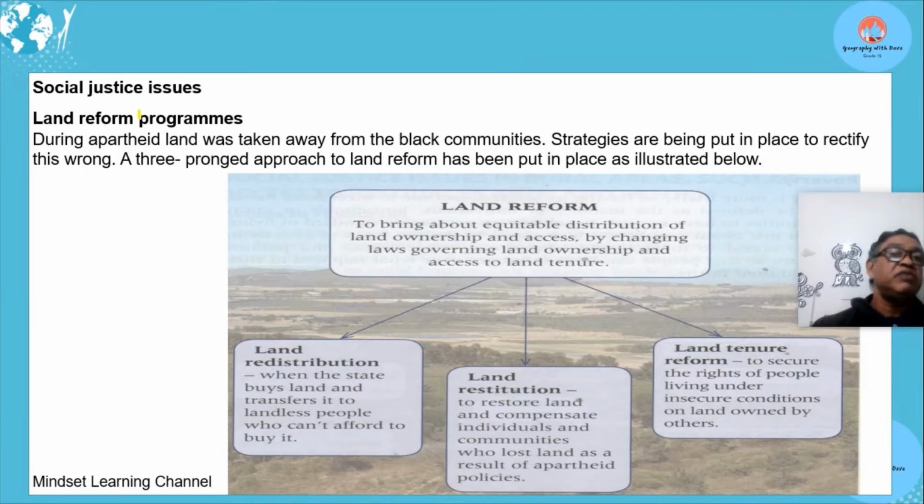All right, another social justice issue is land reform programs. Remember, land is a huge issue in South Africa. Some land was taken away during apartheid unfairly.